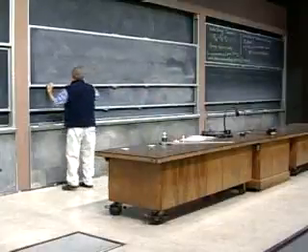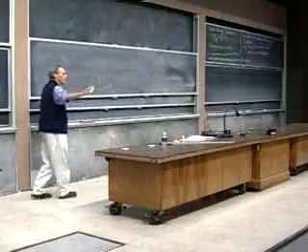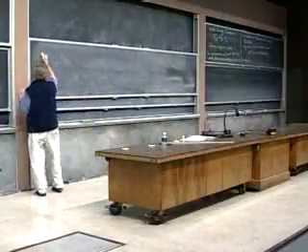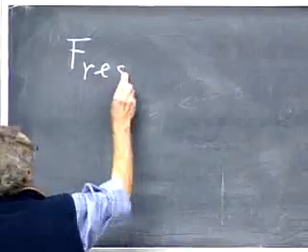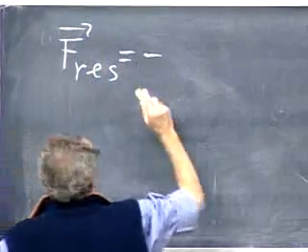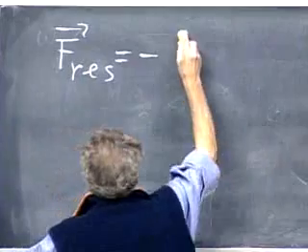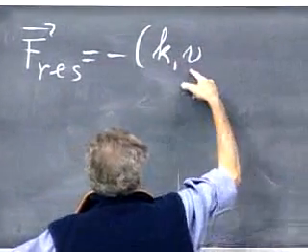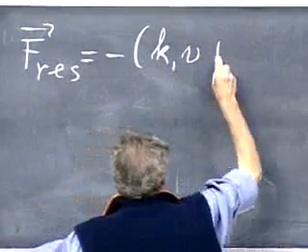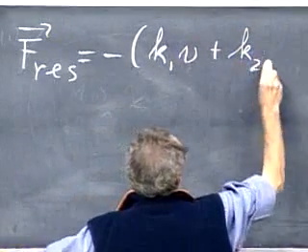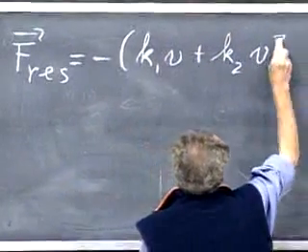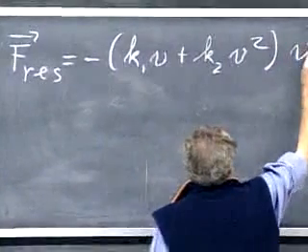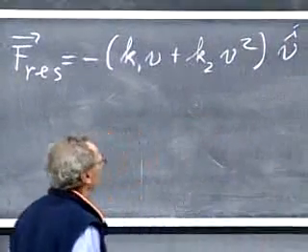If an object moves through a medium, air or a liquid, there is a resistive force which always opposes the velocity. It has two terms, k1 times v, this is the speed, this is always positive, plus k2 times v squared, and this is the unit vector of the velocity.